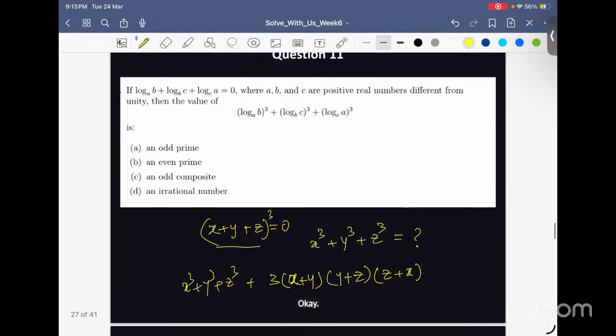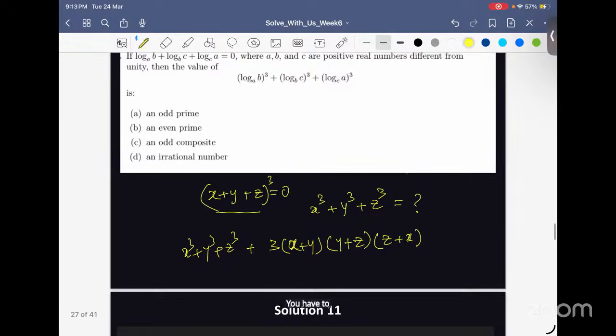Okay, so is there any other formula? So if you are given a plus b plus c equals 0, a cube plus b cube... You have to see what we are supposed to do, right?